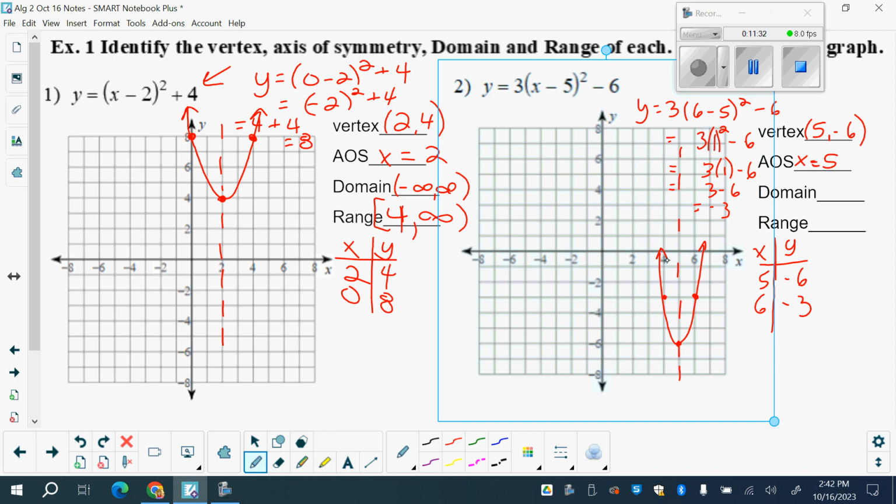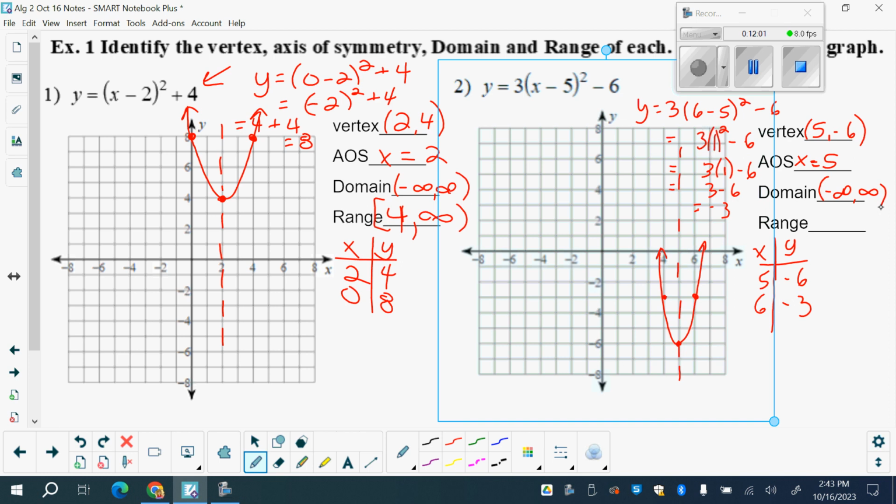So what's my domain? Negative infinity to positive infinity.